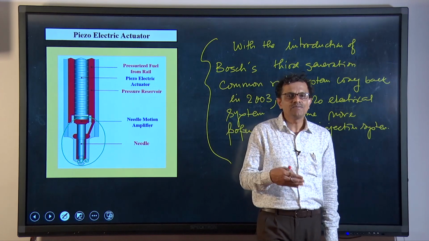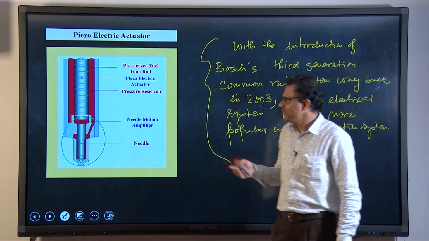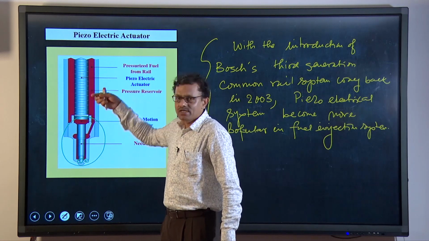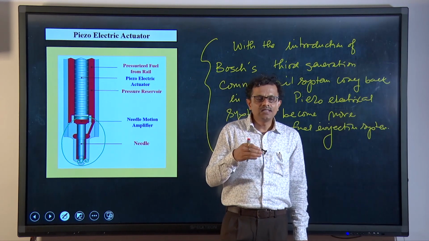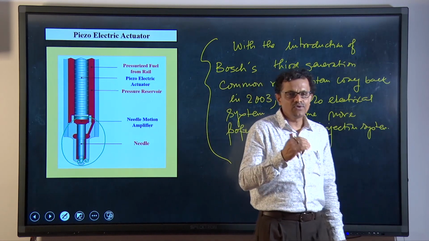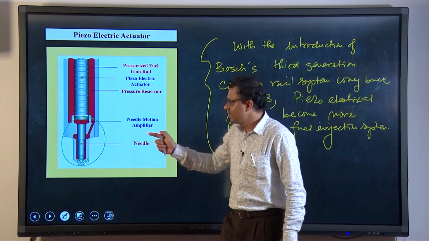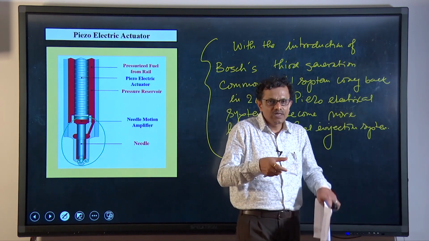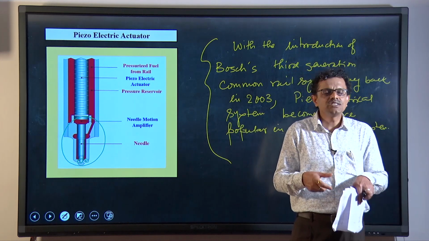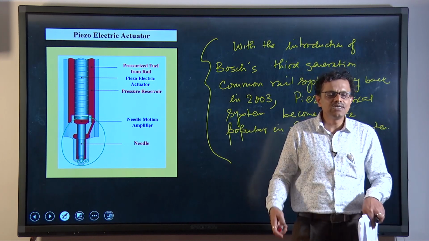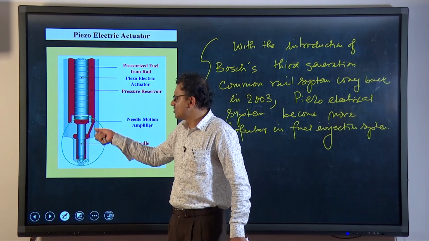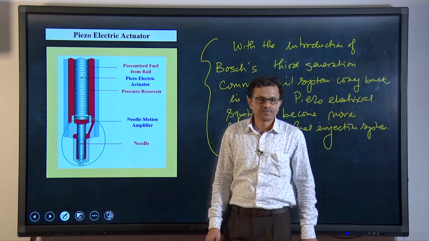If we allow electric current to flow, the piezo crystals expand, and this expansion creates a force on the needle, which comes down and opens the pathway through which fuel will be discharged into the engine cylinder. Depending on the amount of electricity we pass, we can control this opening area.